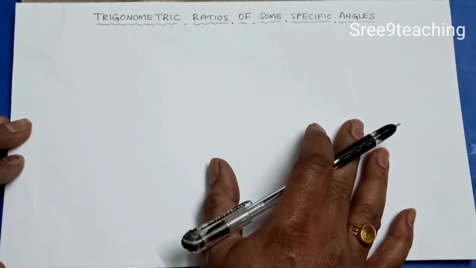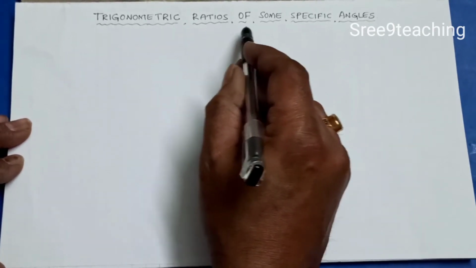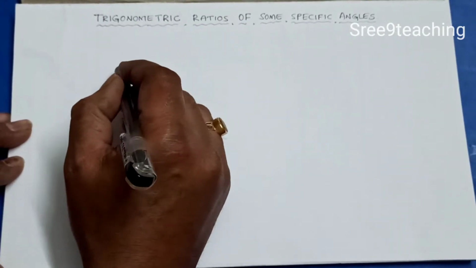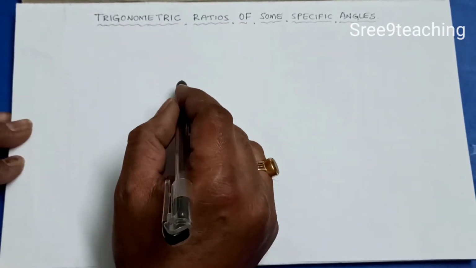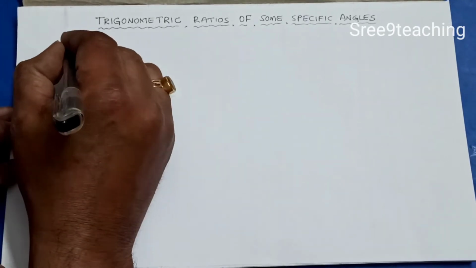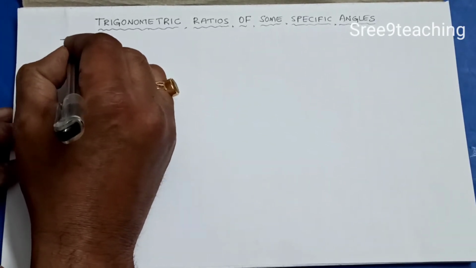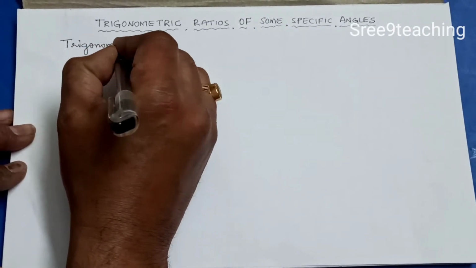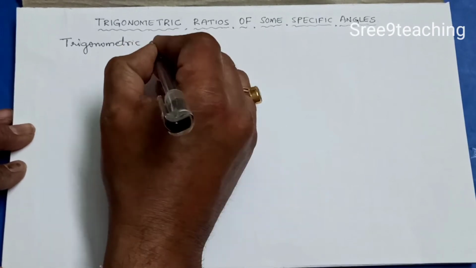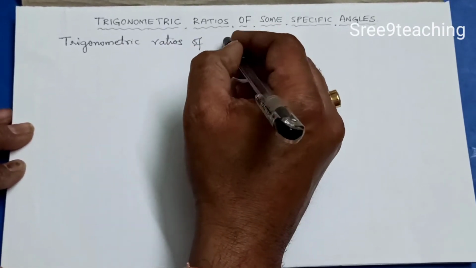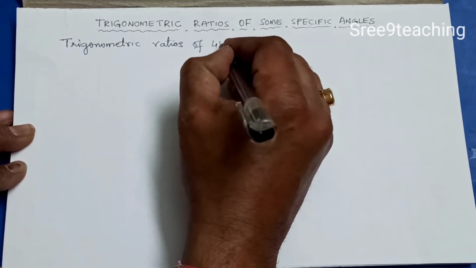Okay, so without any delay, today we are starting the class trigonometric ratios of some specific angles. First we will find the trigonometric ratios of the angle 45 degrees.